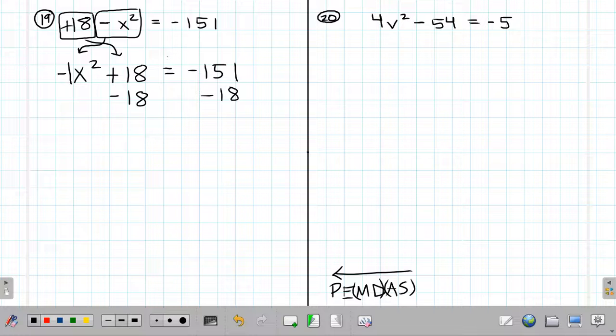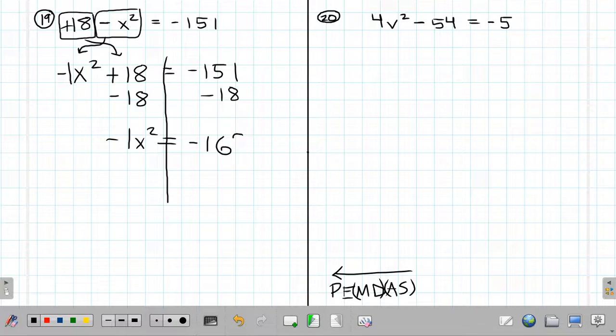Subtract 18. -151 minus 18. A little tricky because of the big negative numbers here, but if you need to, double check yourself. That's -169. Second step, divide by -1.